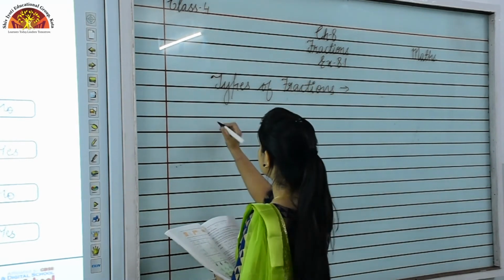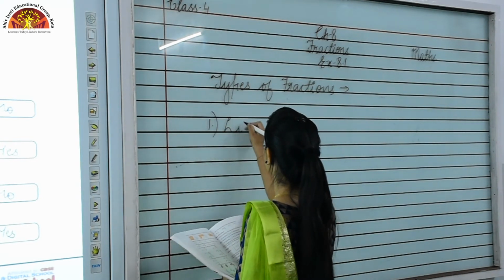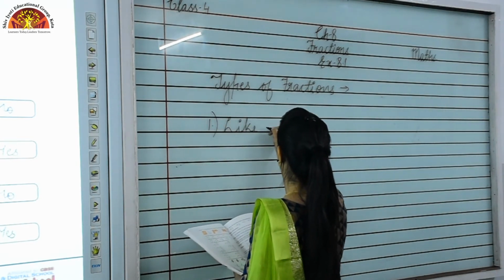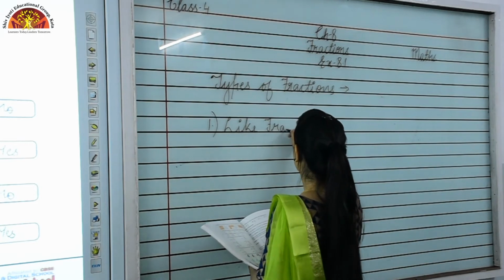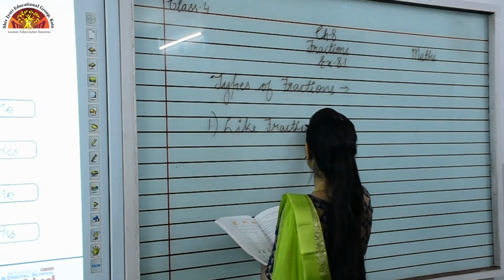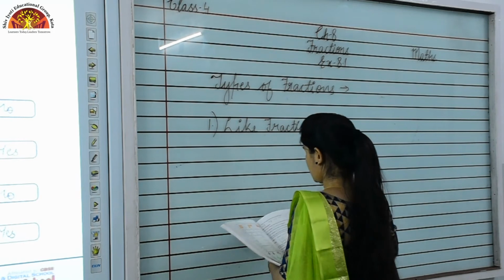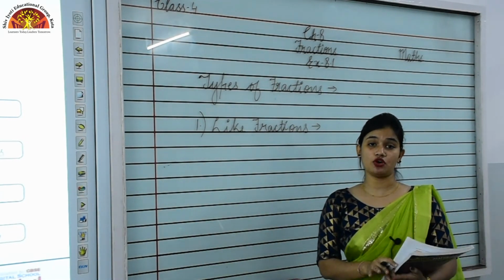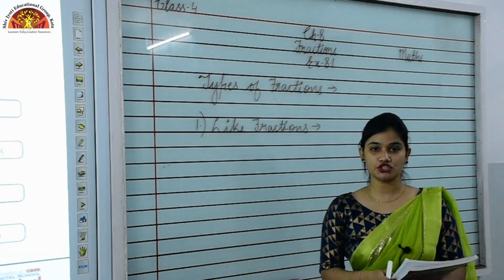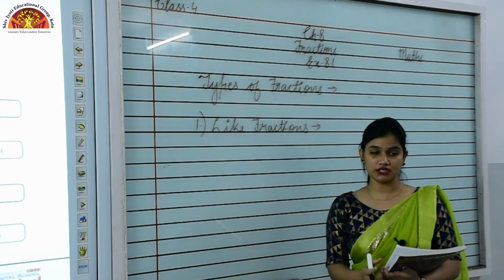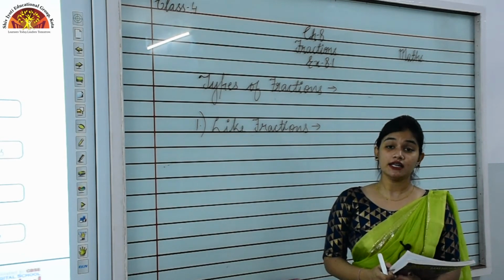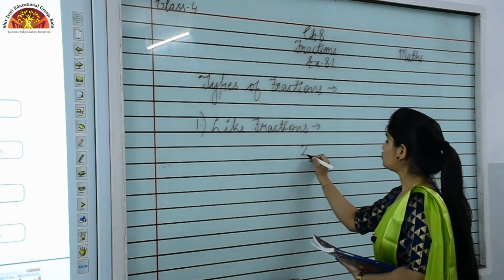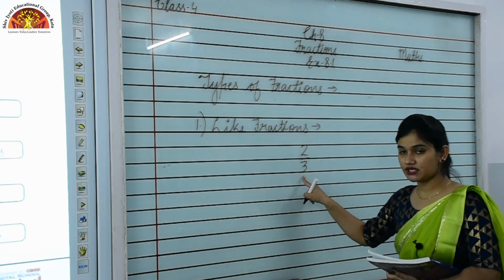So students, first is like fractions. The fractions that have the same denominators, what did I say? The fractions that have the same denominators are known as like fractions. 2 upon 3, you can see denominator is 3.